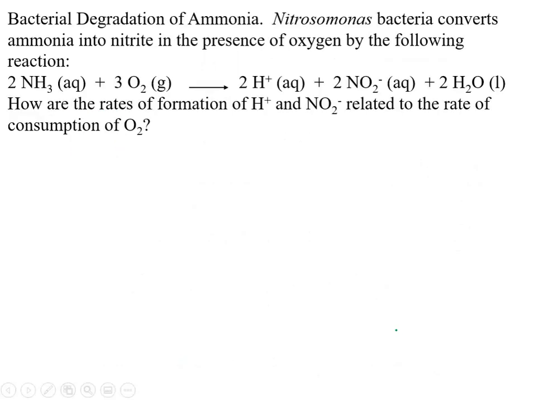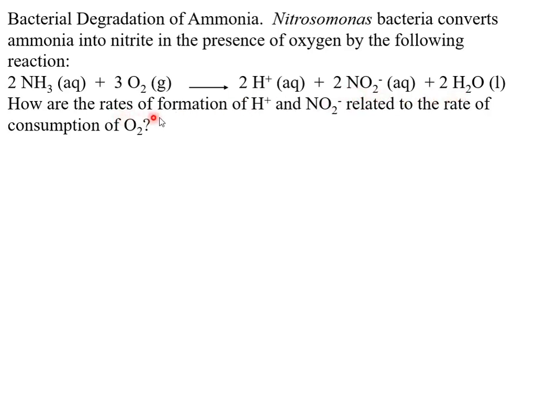So, bacterial degradation of ammonia. The Nitrosomonas bacteria converts ammonia into nitrite in the presence of oxygen in the following reaction: 2 NH3 plus 3 O2 goes to form 2 H+ plus 2 NO2- plus 2 H2O.